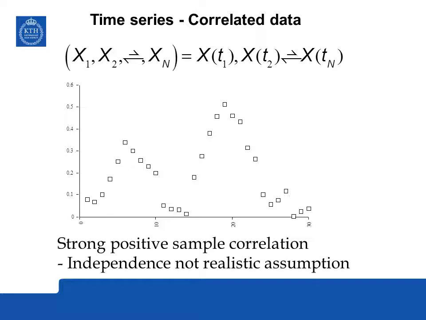So that if one sample is large, then a subsequent sample is also likely to be large, and the other way around. And in this case, the independence of variables is not really a realistic assumption, and we have to deal with the correlation between the different data.